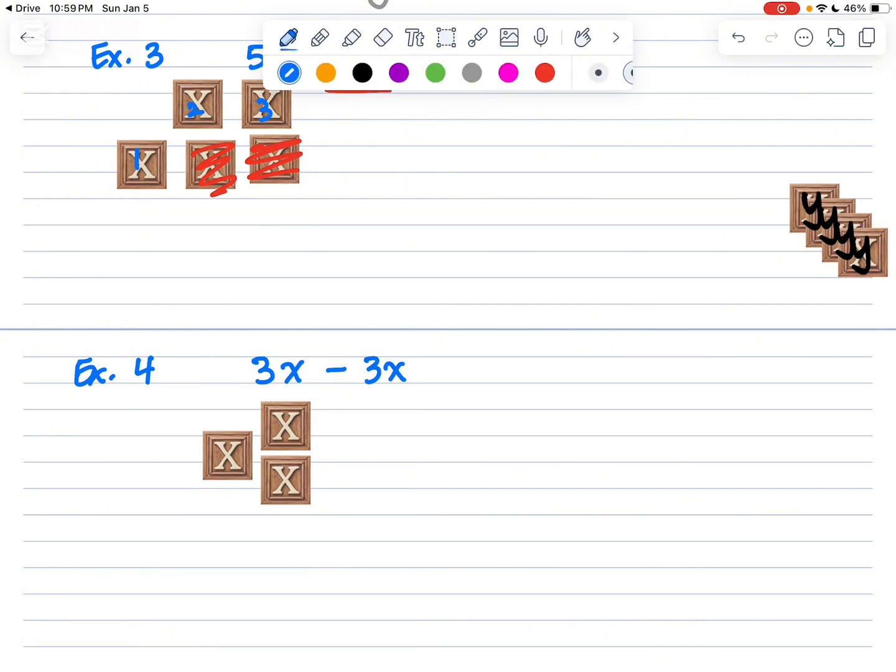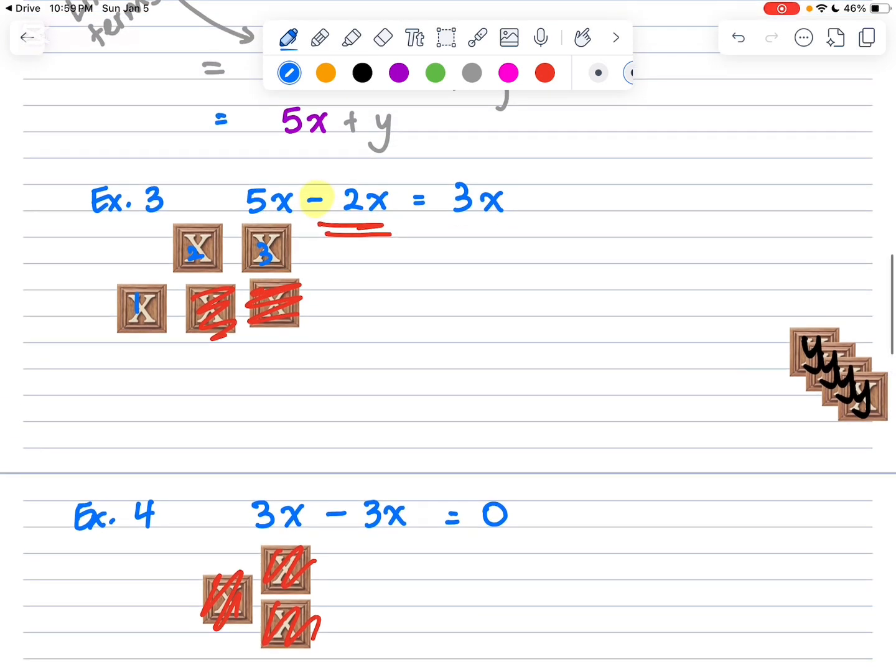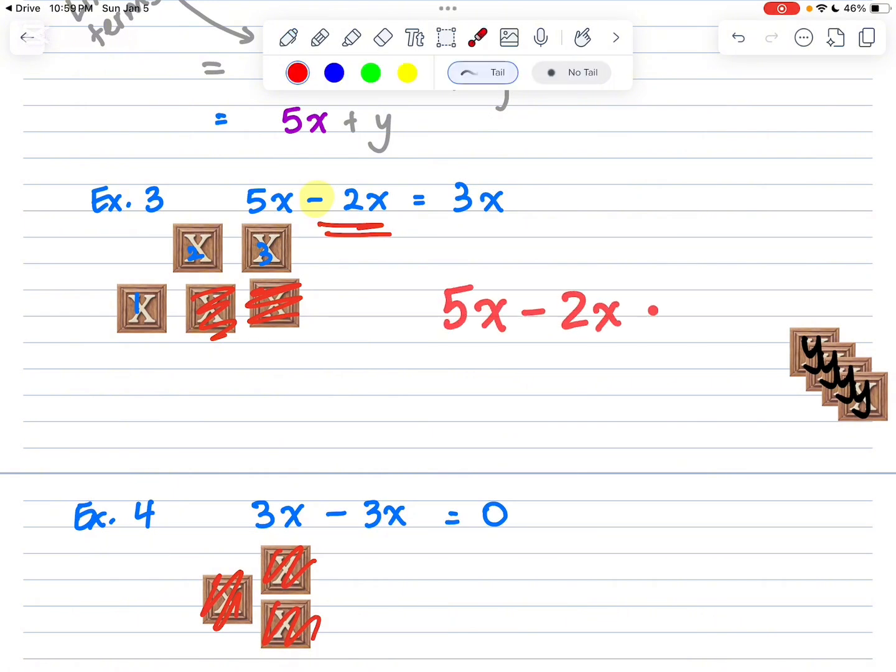And the reason is because if I start off with 3 x's, literally 3 x tiles, and I want to take away 3 of them, well, 1, 2, 3, I have nothing left. I have just 0, not 0x, it's just 0. I have nothing. And I really like this analogy because as you start to learn a lot more rules, sometimes I have students who look at this question and say, well, should it just be a 3?